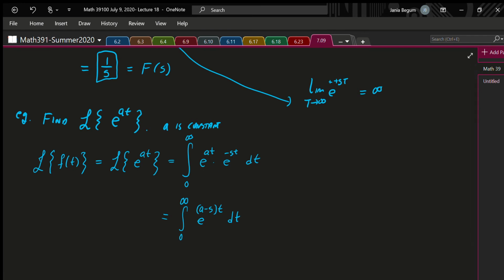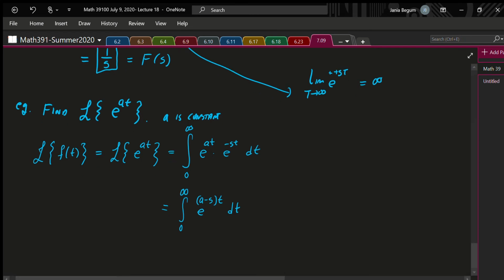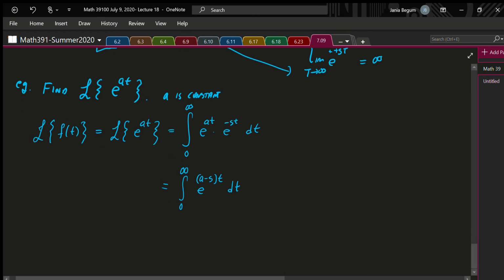Any questions? Okay, so what is this integral? Well, s and a, we're treating them as constants, right?